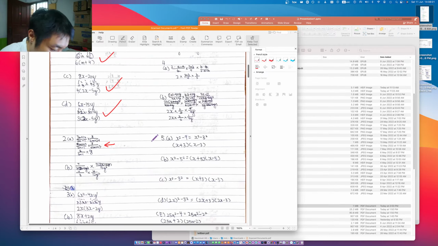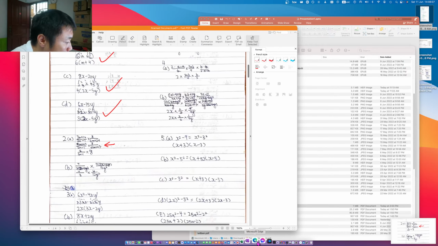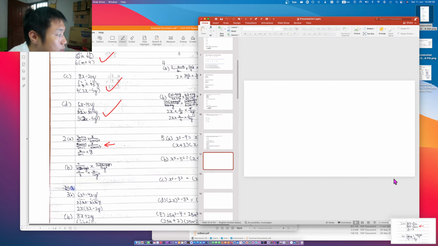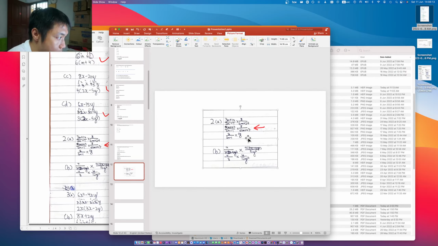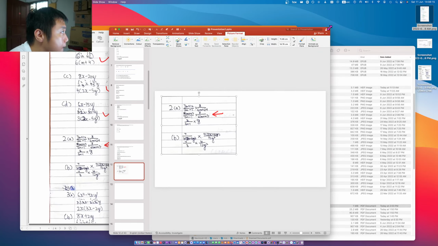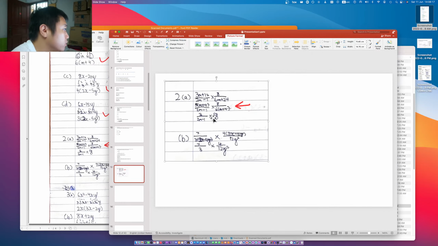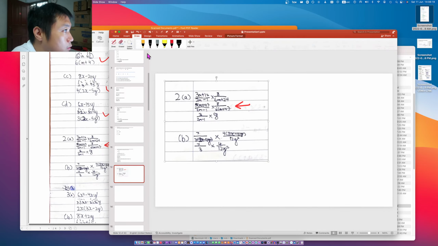Then next, this one is a bit weird. Let me just get the PowerPoint. Okay, so if you see this, step 1, I think you did it right. So you just replace the above. You replace this with 3m plus 4.